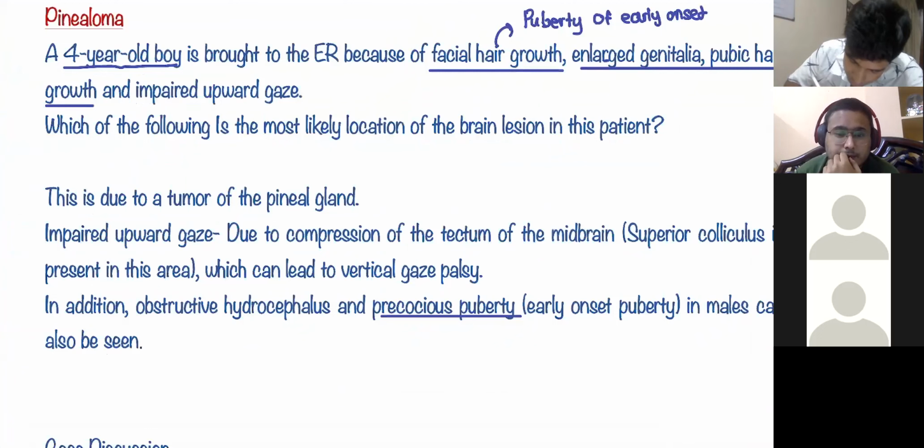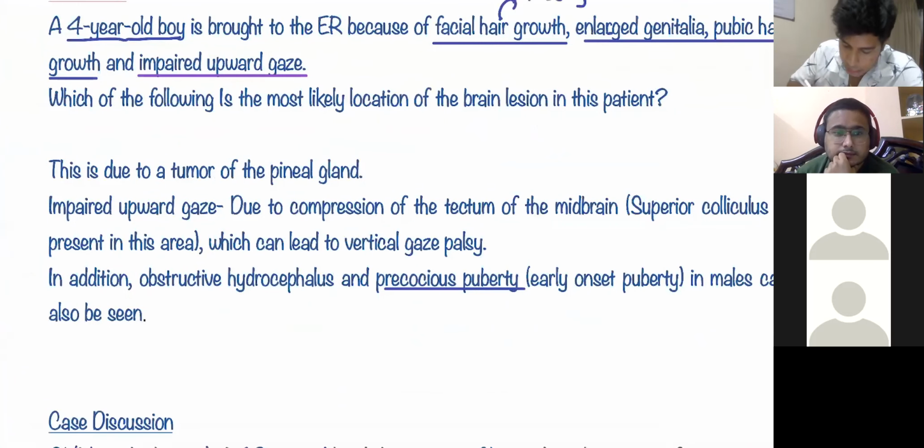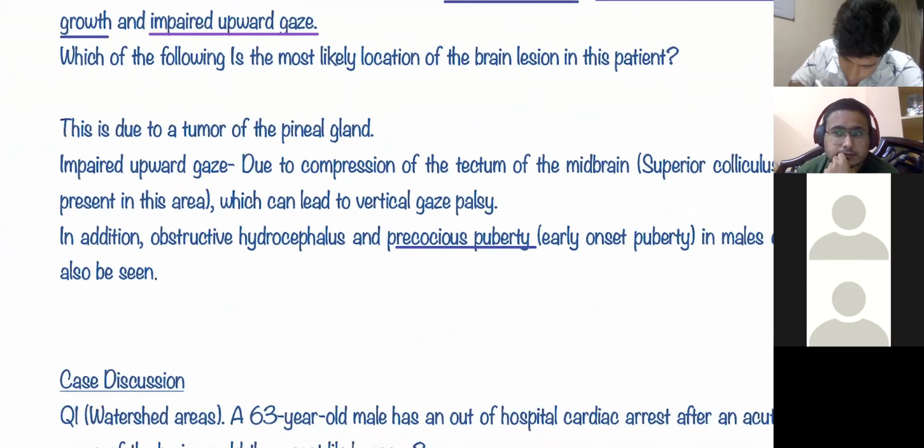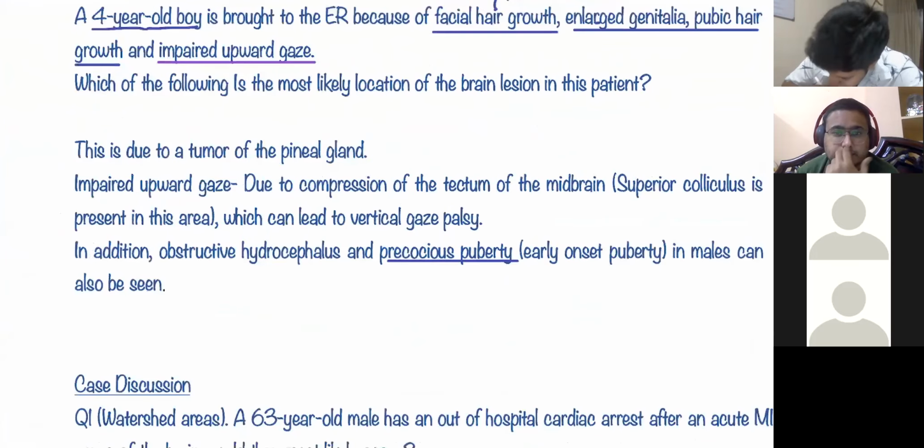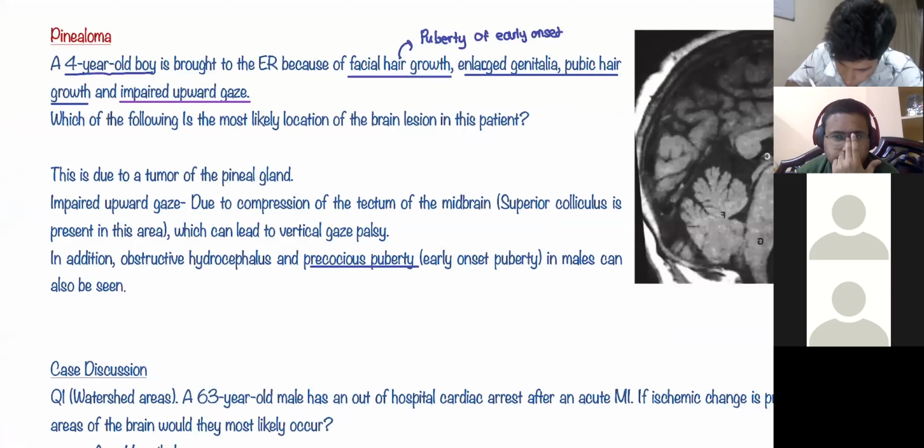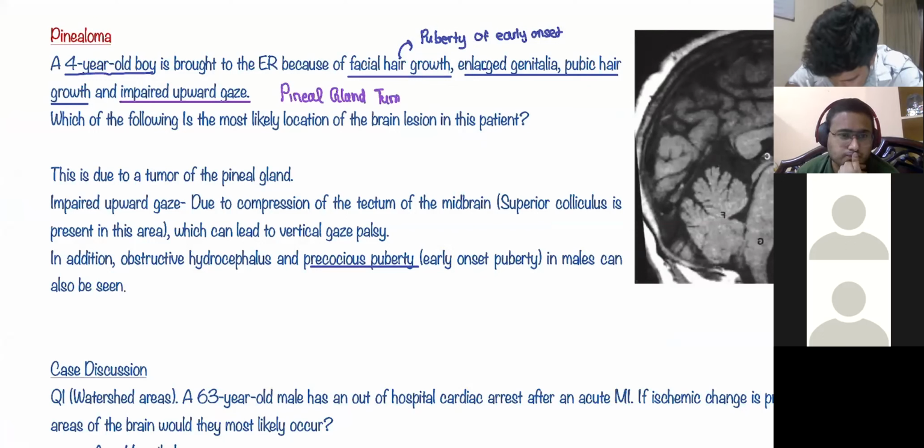And this patient has impaired upward gaze. Okay, impaired upward gaze. I will come to that. Now, the moment you see these two symptoms, mainly puberty of early onset, you have to understand it is because of a pineal gland tumor, which is called, what is the name of a pineal gland tumor?